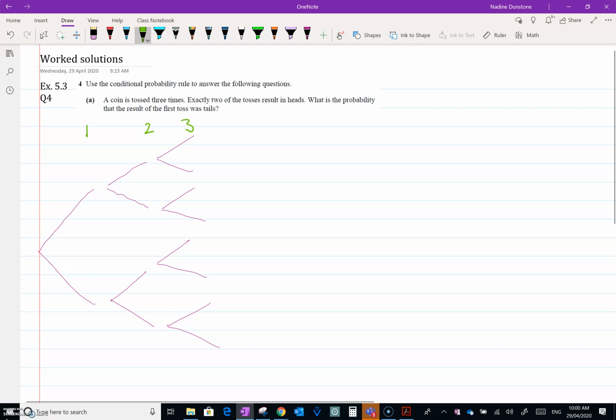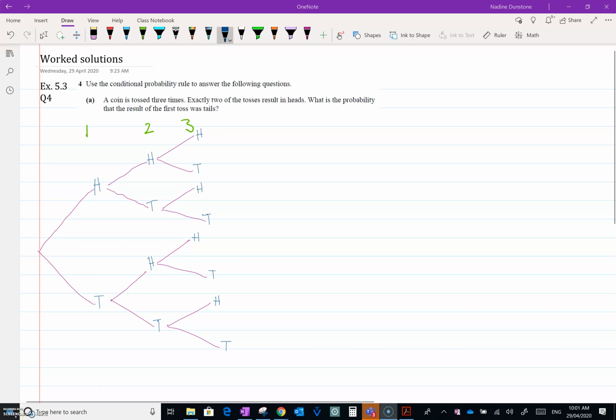What we're going to put in here, we can either have the first toss a head or a tail. The second toss, we can have a head or a tail. Okay, and I'm going to pause this and fill out the rest of the tree diagram.